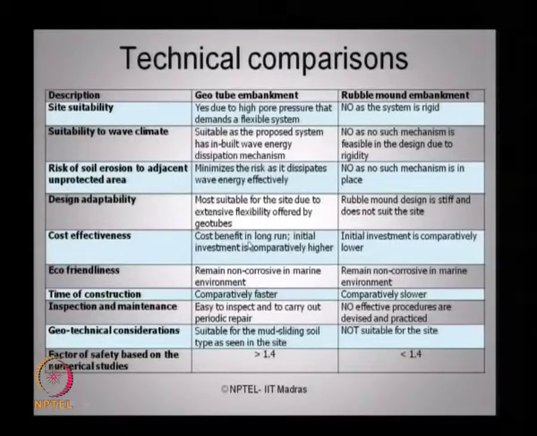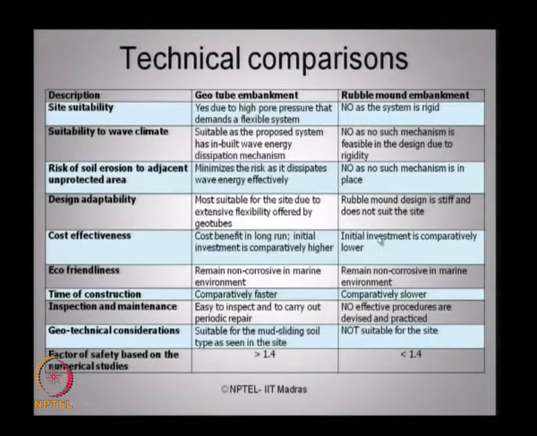Yes, the cost benefit is there in the long run. However, the initial investment on geotube embankments is relatively higher. Studies show that they are approximately 70% costlier than rubble mound embankments. The initial investment on this kind of embankment is comparatively cheaper.